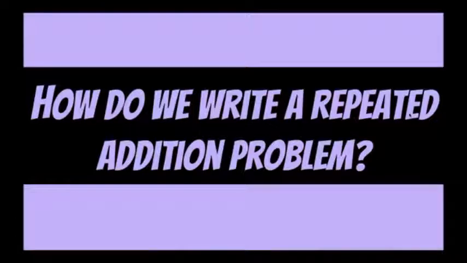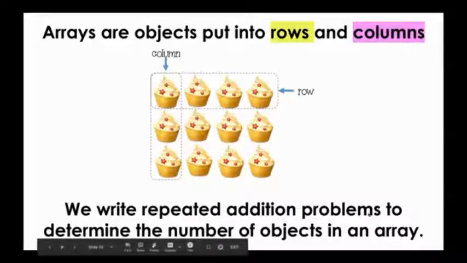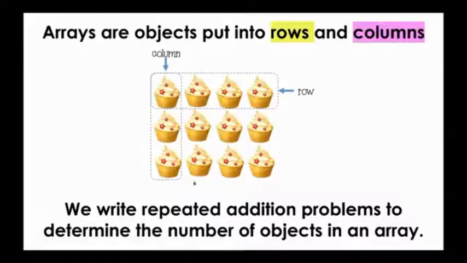Now, how do we write a repeated addition problem? We already know that arrays are objects that are put into rows and columns. We write repeated addition problems to determine the number of objects in an array. So I know that this is an array, but I want to know how many cupcakes I have.